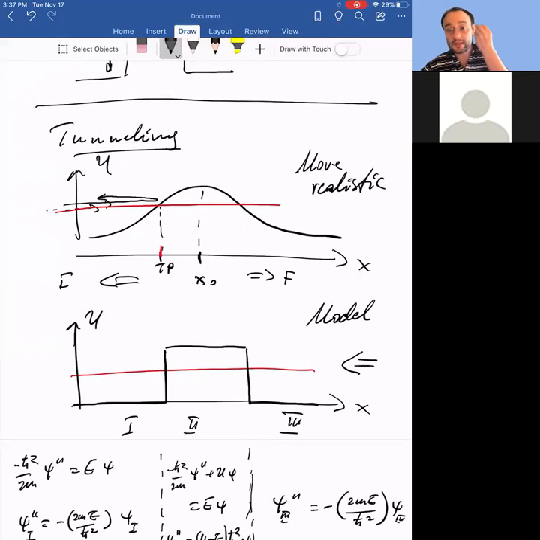You can have transmission where classically it would be impossible to do. The energy is fixed. The energy is not jumping up or down, right? You're not borrowing energy from anything. But the transmission happens because there's a finite probability for the particle to go through the barrier. And this is called tunneling.